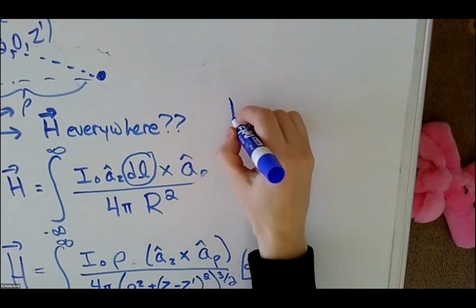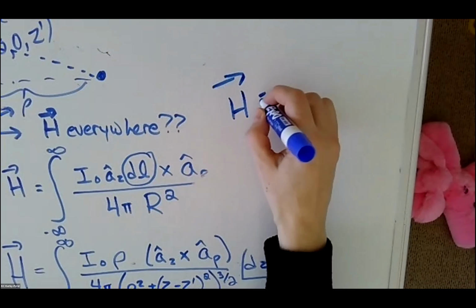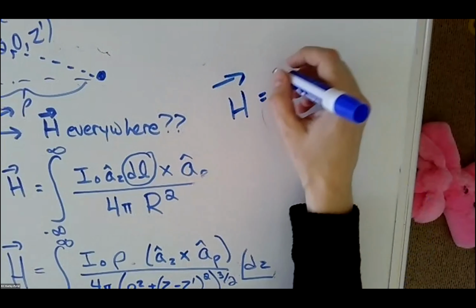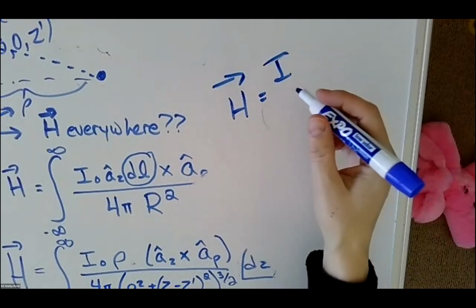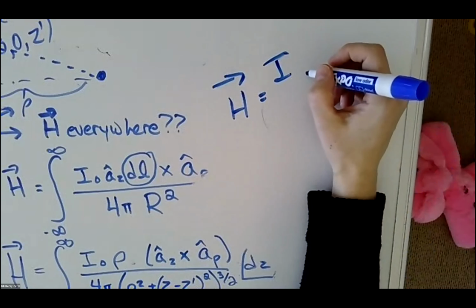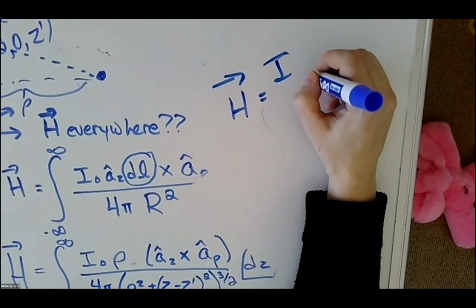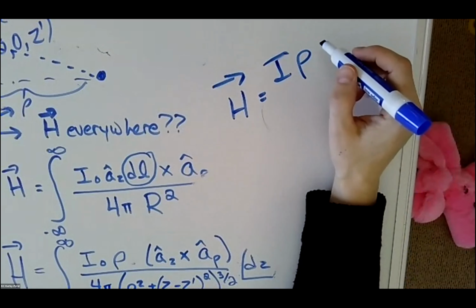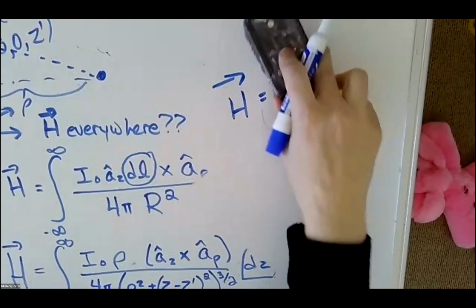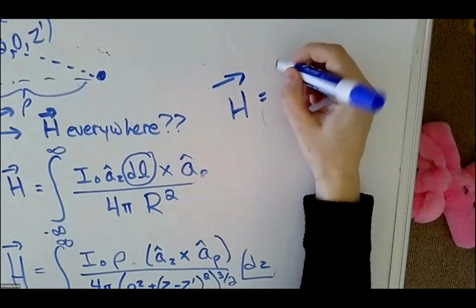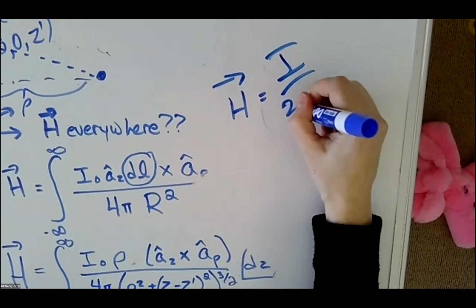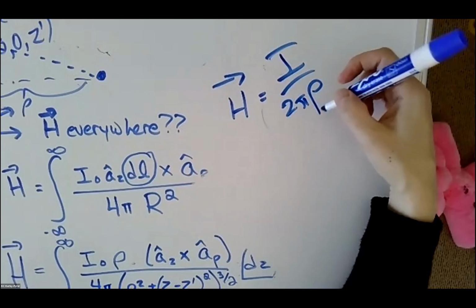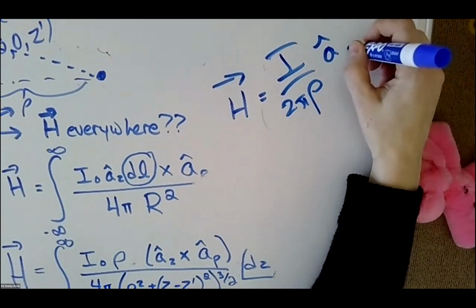Then you get that h works out to be I over 2 pi rho a hat phi.